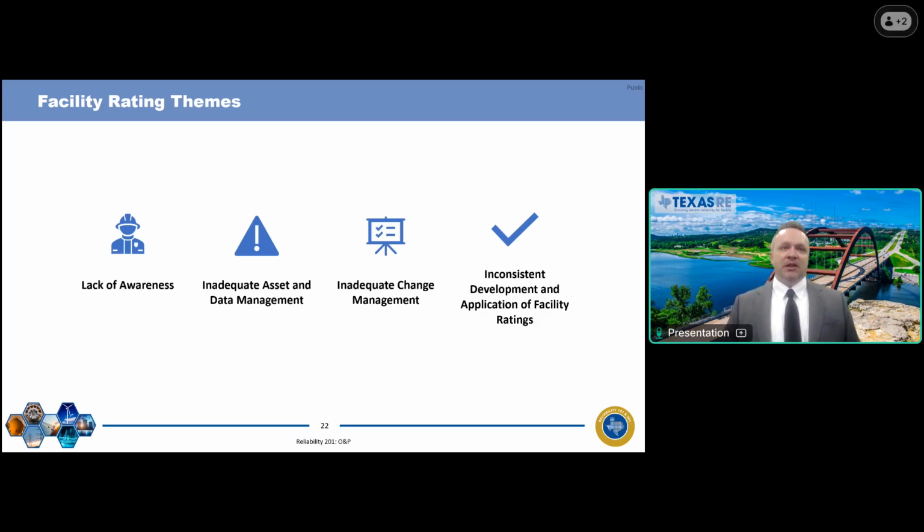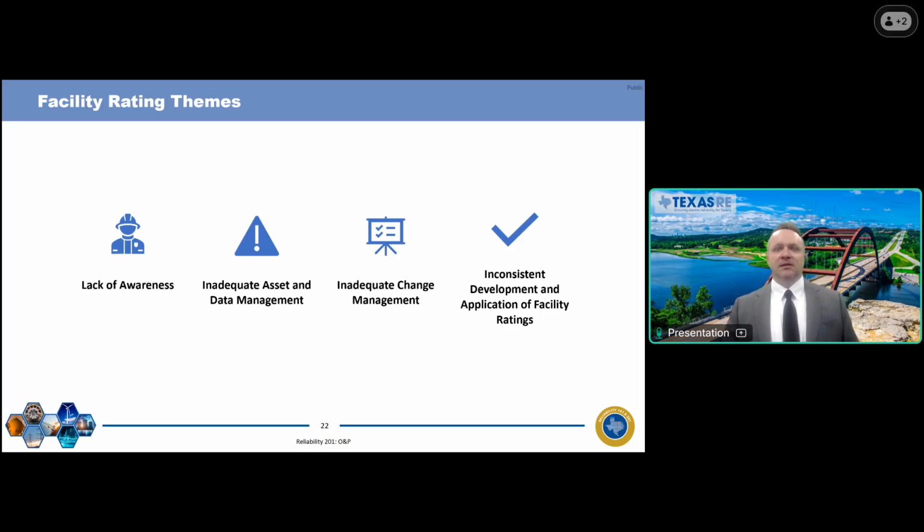Inadequate asset and data management, meaning if you have a change of equipment on your system, what are your internal controls and your change management process around updating your worksheets and looking for that impact to your equipment ratings and your most limiting element? Again, if you have something change, how is that feeding back into your process, into your worksheets?